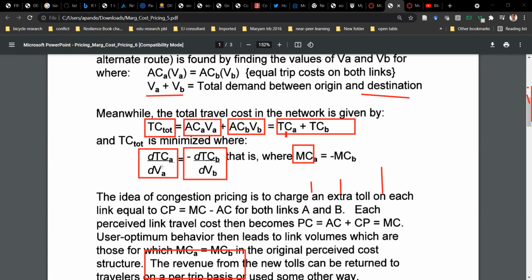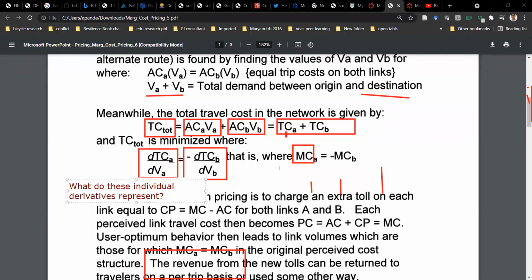But remember, what does this expression represent? What does DTC over DVA represent? The derivative with respect to the volume. What does that represent? You should know this from the homework problem that you just submitted today. What does the derivative of total cost with respect to volume represent?